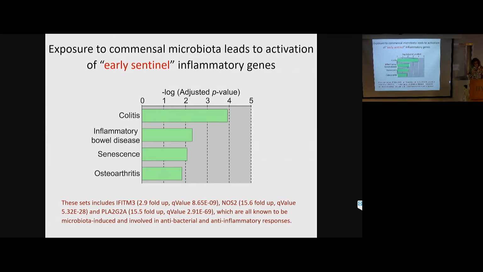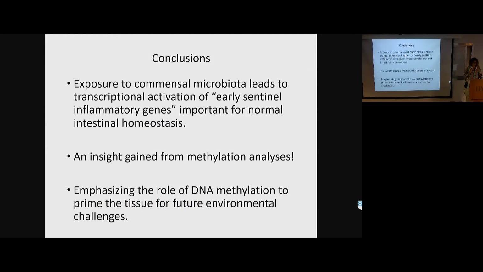But then when we look inside to see which type of genes we get, we see that this set of genes is enriched for genes that are antibacterial and anti-inflammatory response. So we call this set of genes early sentinel inflammatory genes.